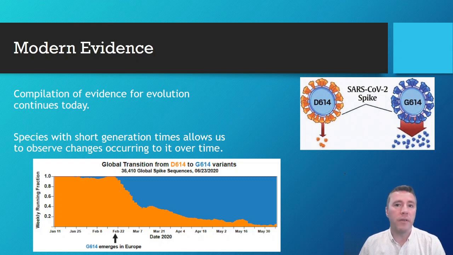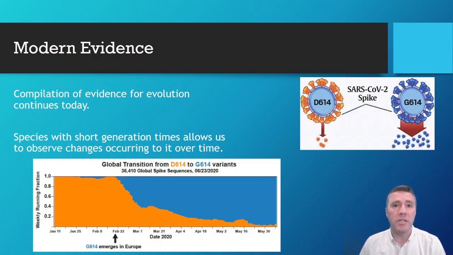In the early stages of the pandemic, researchers noticed that there were two versions of the spike protein, D614 and G614, that differed by a single amino acid. Specifically, D614 had aspartic acid at amino acid position 614, while G614 had glycine at that position.